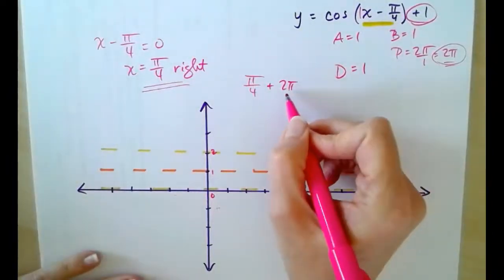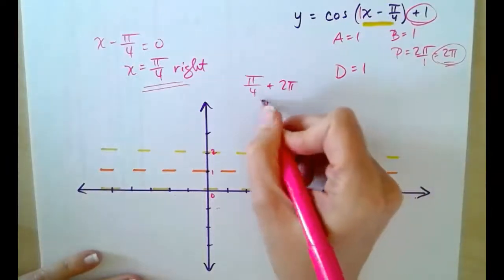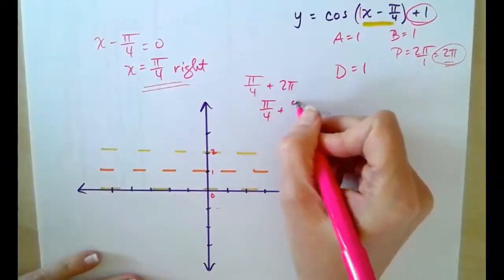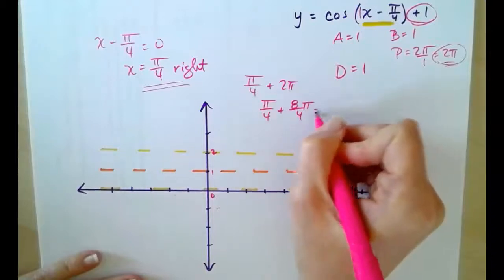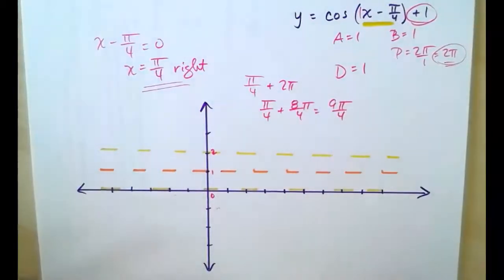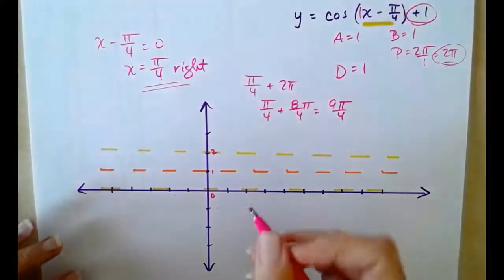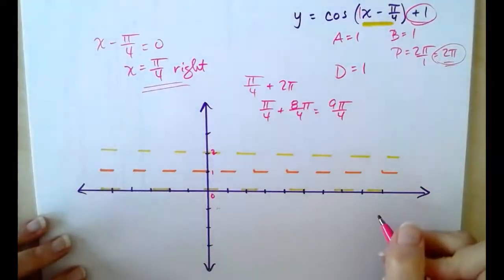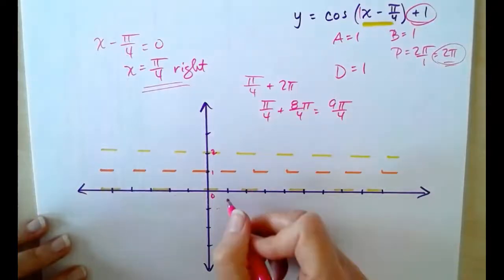So pi over 4 plus 2 pi. That means pi over 4 plus 8 pi over 4, which is 9 pi over 4. So we're going to be starting at pi over 4, and we'll be finishing our period at 9 pi over 4. So that's going to dictate how we label our x-axis.